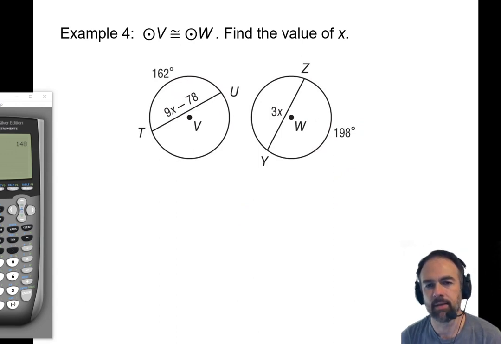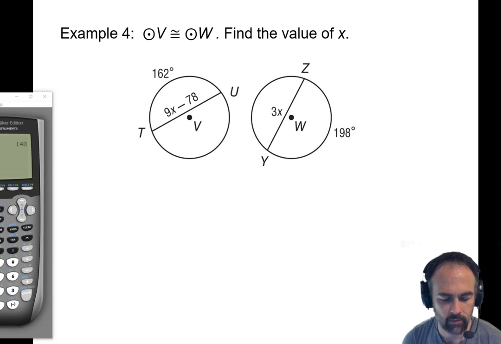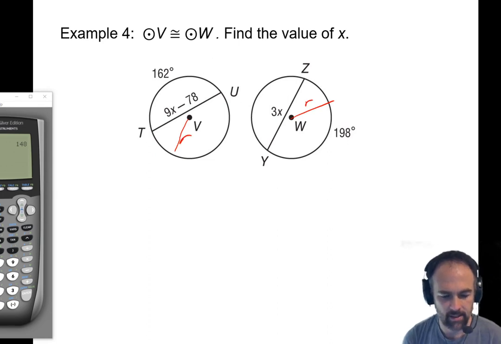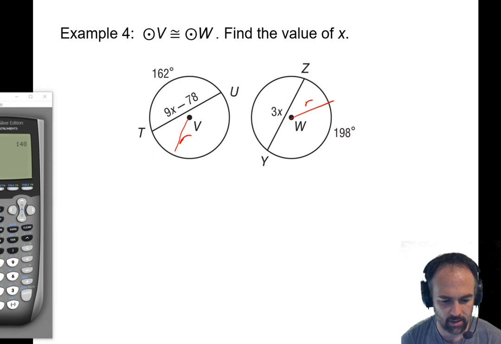All right, example 4. Again, we have congruent circles, which again means my two radii are congruent to each other. And it tells me that this one is 162 and that the chord is 9x minus 78.